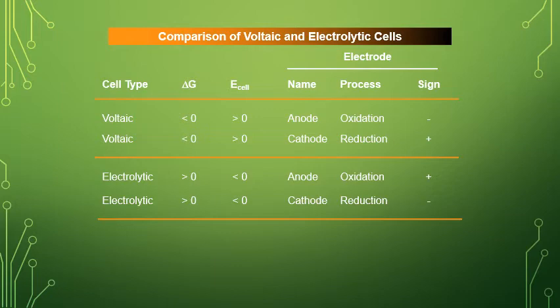The cathode is still where reduction takes place, but it has also switched signs to now being a negative. I'll explain why that is the case in just a few moments, but also just remember the last part of that is our relation to K. So I'm going to pop this in here, and for your voltaic cells, your K value would be greater than 1, and for your electrolytic cells, your K value would be less than 1.